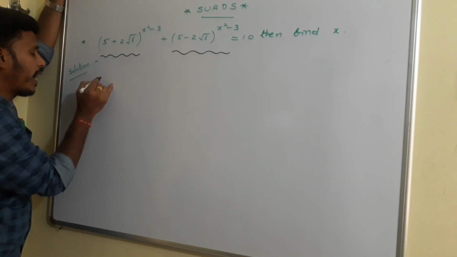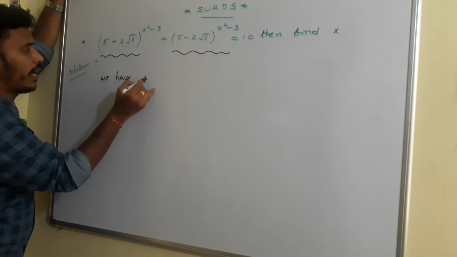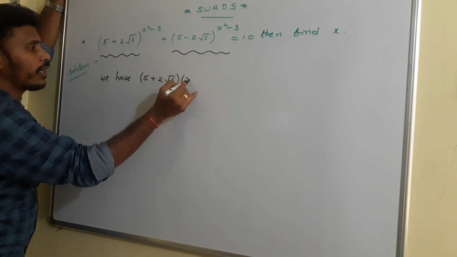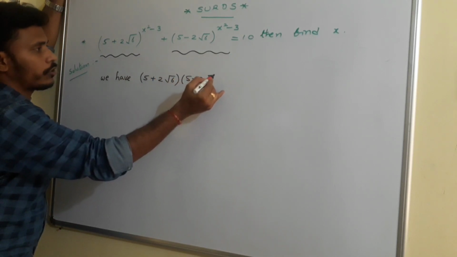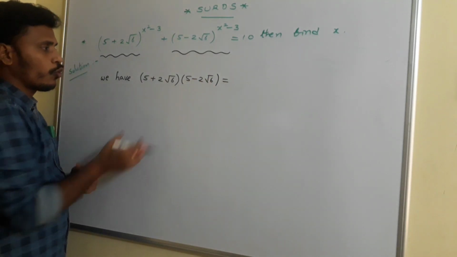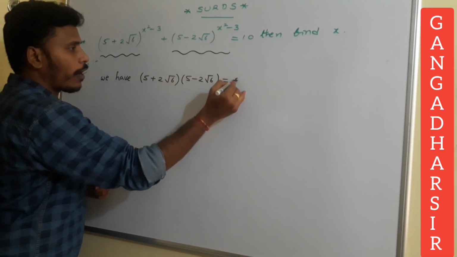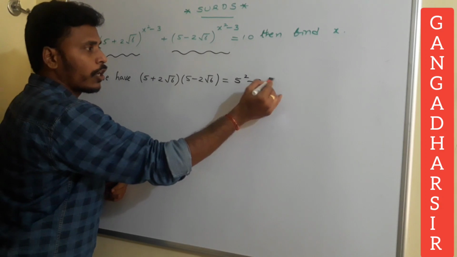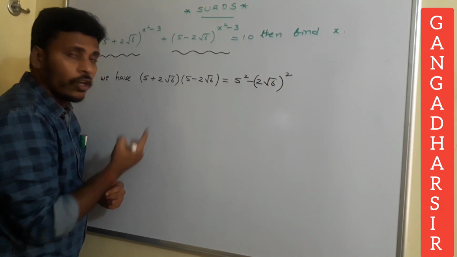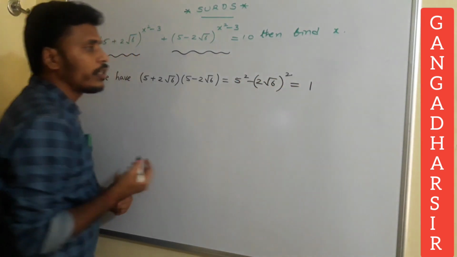So what I have in my hands is (5 + 2√6)(5 − 2√6). What is its value? Think once. If you multiply, the product is in (a + b)(a − b) format: 5² − (2√6)². 5² is 25, (2√6)² is 2² times 6, which is 4 times 6, 24, and the value is 1.